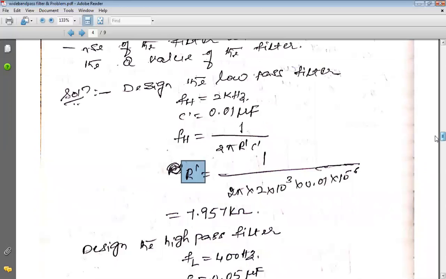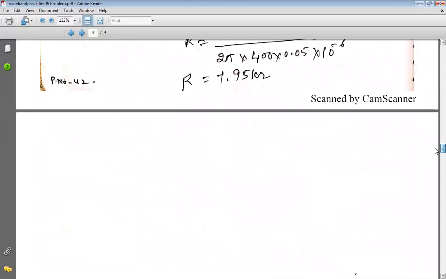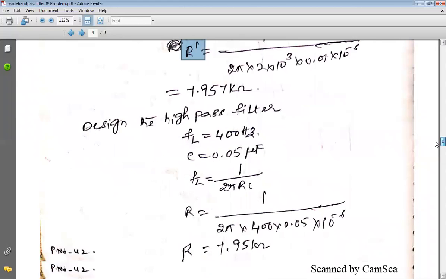Then calculate the R and C values of the high pass filter section. Design of the high pass filter section: the lower cutoff frequency is 400 Hz.